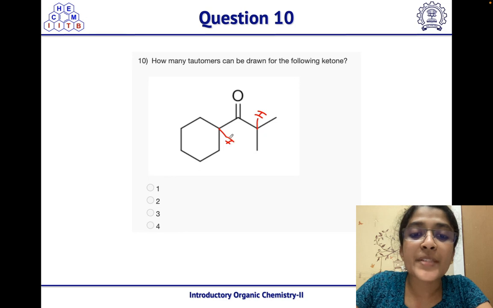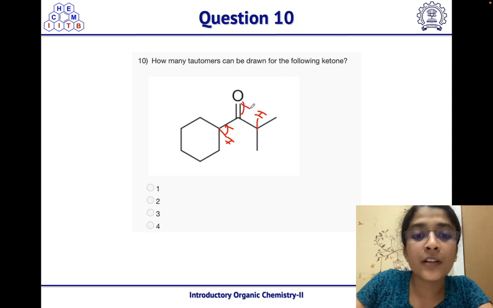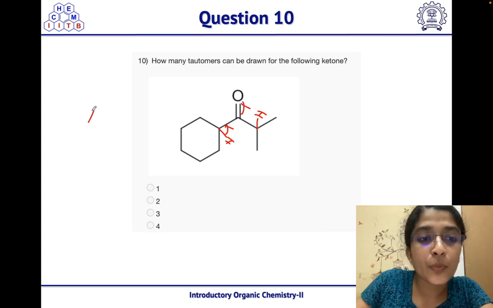If abstraction of proton takes place from this side, it will give one tautomer like this: double bond, OH, and isopropyl group.